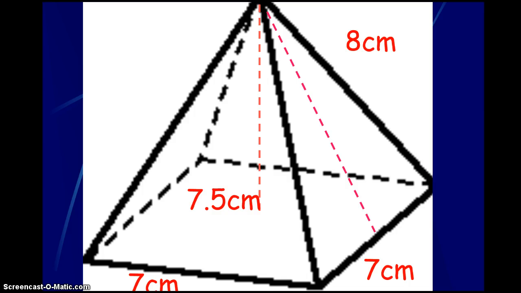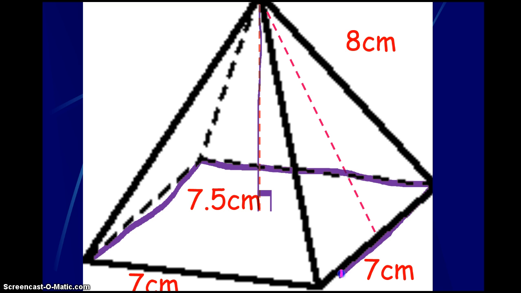So here we have a square pyramid, and if you'll remember, we are interested in the height. That's 7.5 centimeters. We're not concerned with the slant height, which is 8 centimeters this time. We'll multiply that height times the area of the base, which will be found by multiplying 7 times 7.